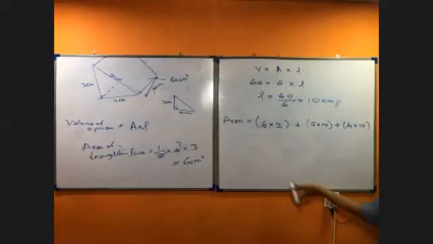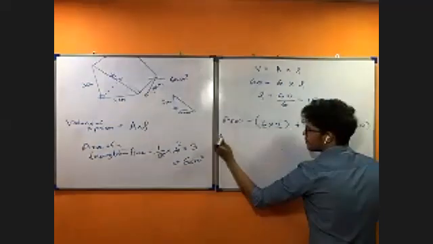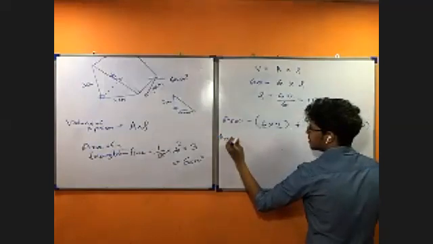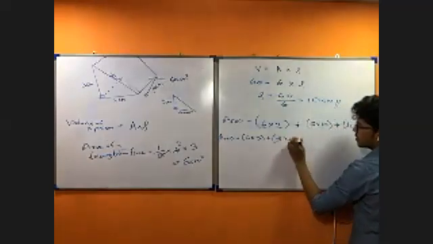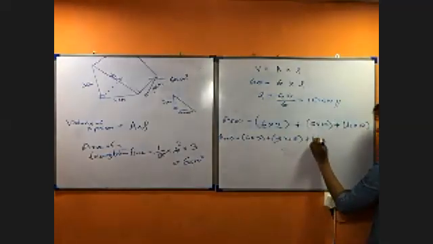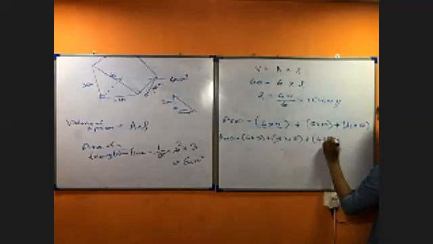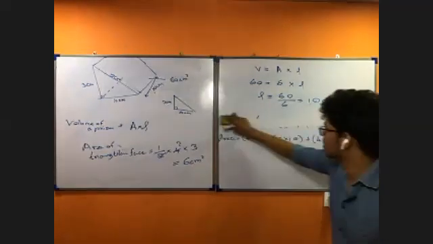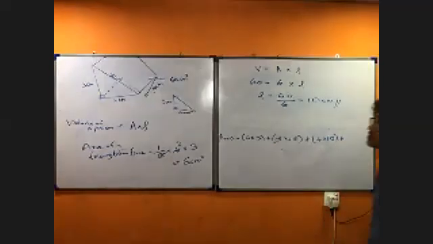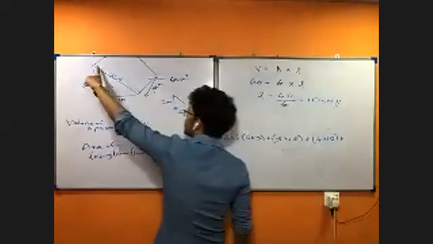Area is equal to 6 into 2 plus 5 into 10 plus 4 into 10, plus this side. This side also has a rectangular face. That is going to be 3 into 10.